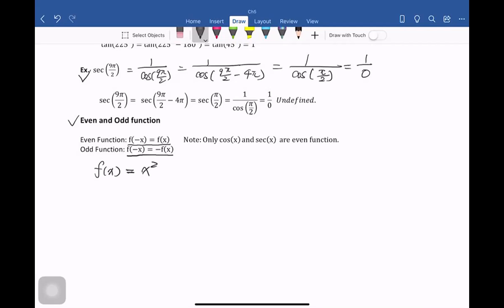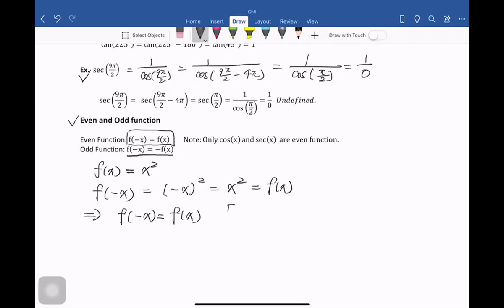We just plug in negative x and compute it. We have negative x squared, which equals x squared. This equals f of x. That means f of negative x equals f of x. It satisfies the first condition. This is even.